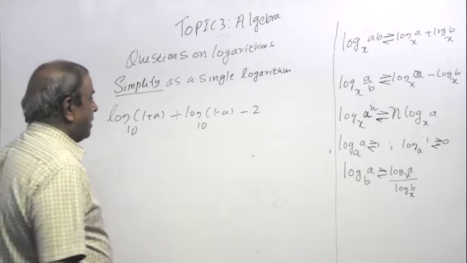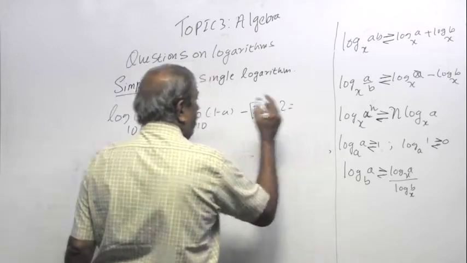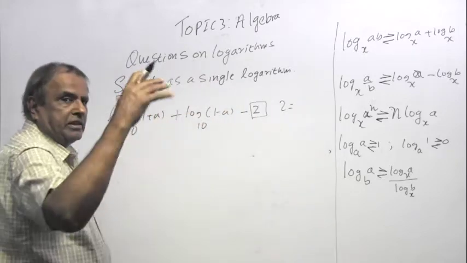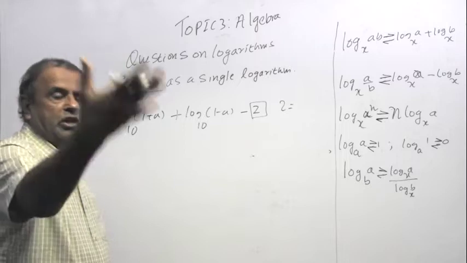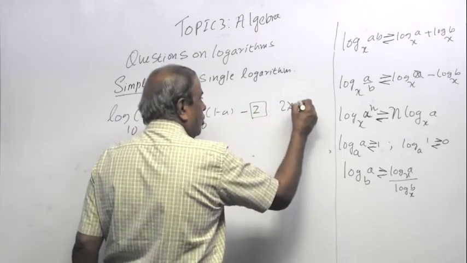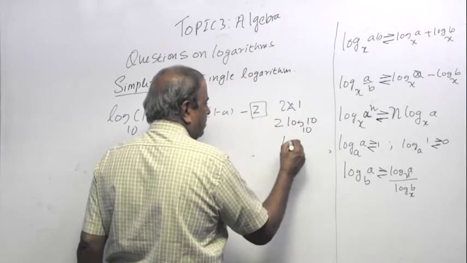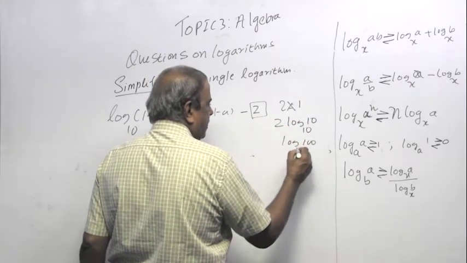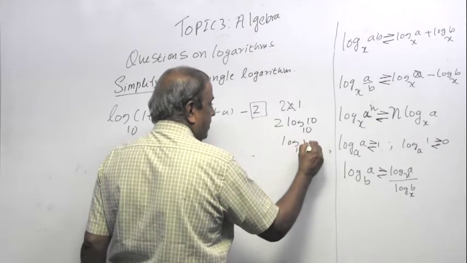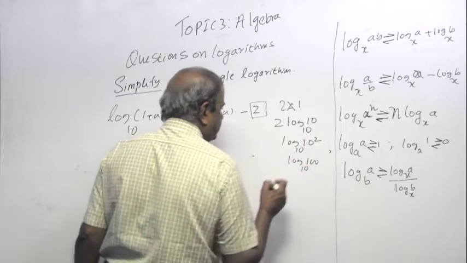These two can be combined, but I don't have a log for the 2. Always remember, in the previous case the base was a, so I used a cube. Here the base is 10, so it is 2 times 1, which is 2 log 10 to base 10, which is log of 10 squared to base 10, which is log 100 to base 10.